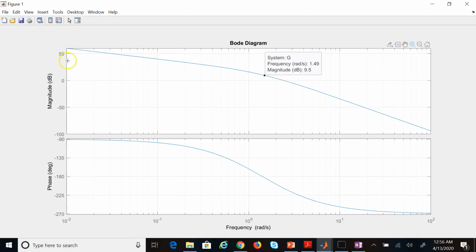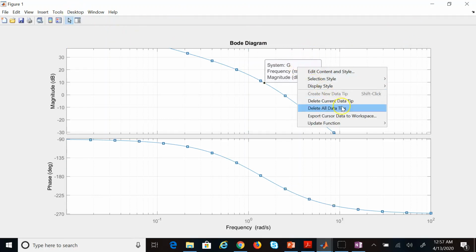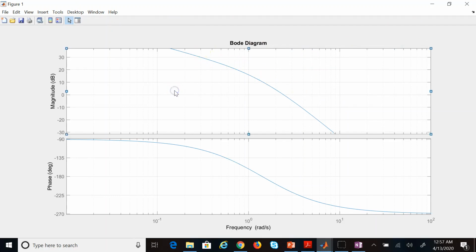So to do that, I would like to zoom in a little bit here for you, and first thing is, let me get rid of this data tip because I don't need it now. So now I'm interested in the point 1.5 and negative 9 decibel.